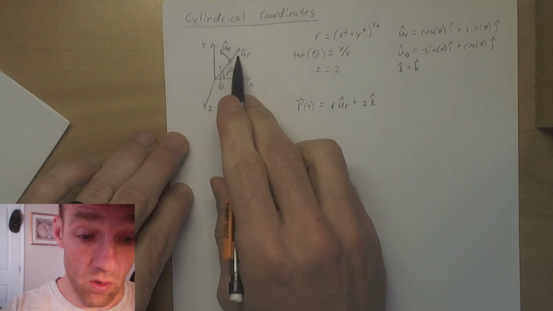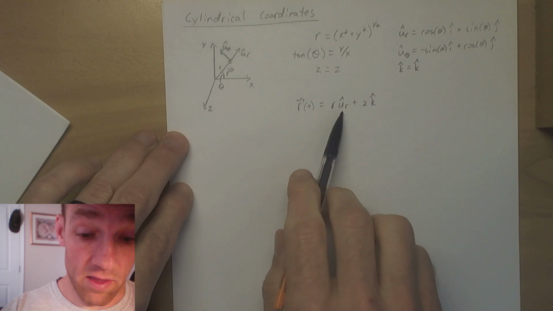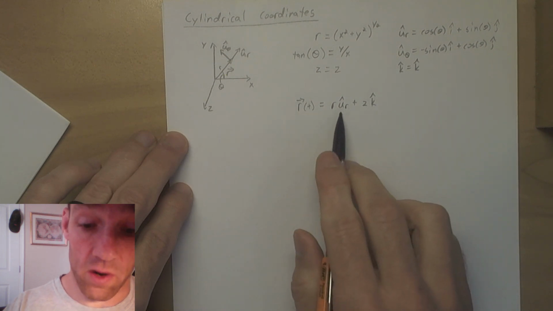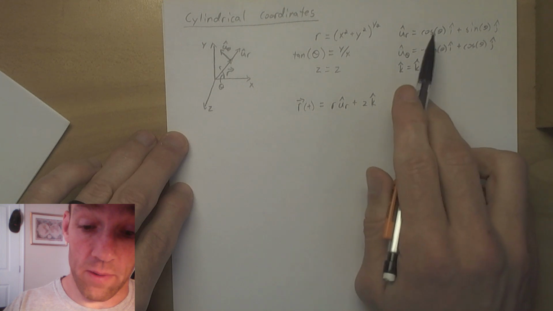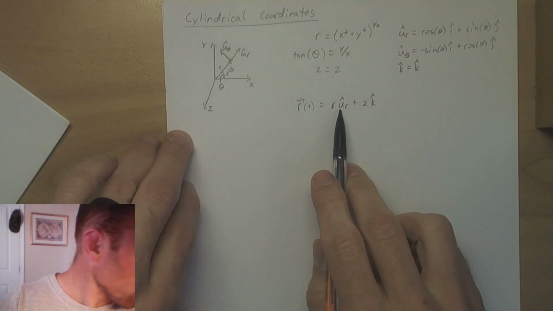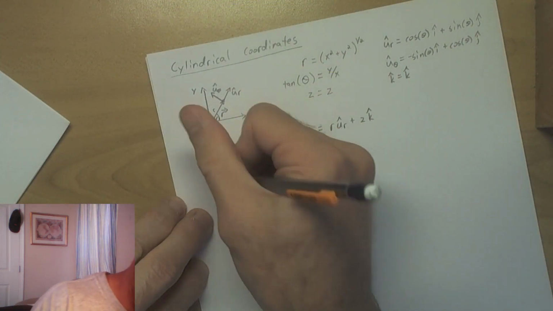So it's just the value r times u sub r. So all of the position is encoded in this u sub r basis vector, right? The angular information is encoded in this basis vector here. All right. So we can take the time derivative in order to calculate the velocity.